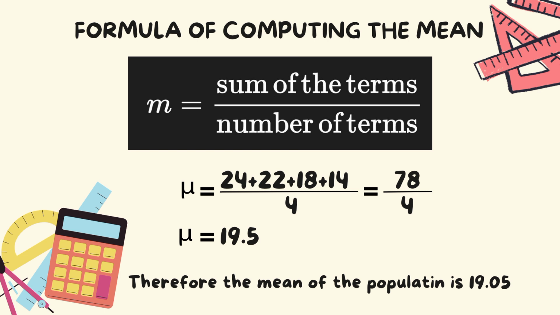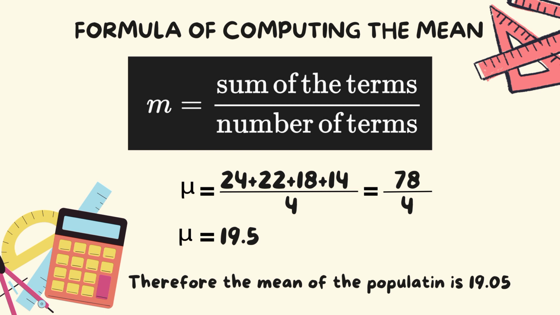Since we are talking about the summation, we are just going to add all the ages of each family member, since the x represents the population. So let's substitute. 24 plus 22 plus 18 plus 14 over the number of elements, which is 4.